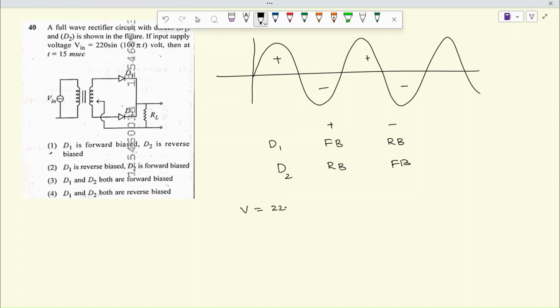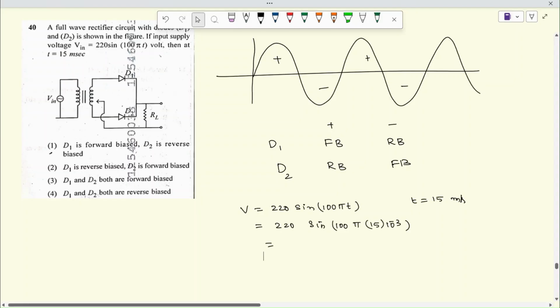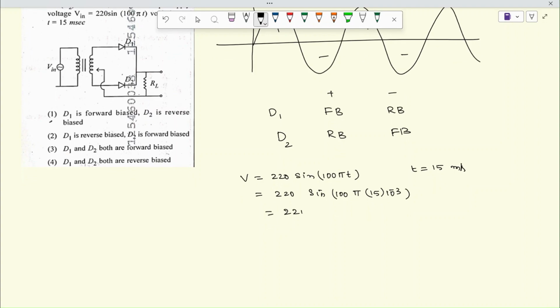V is given as 220 sin 100πt, and time is given as 15 millisecond. Just directly put the time. 220 into sin(100π into 15 into 10^-3). What does it become? 220 into sin, after cancellation, 3π/2, right?